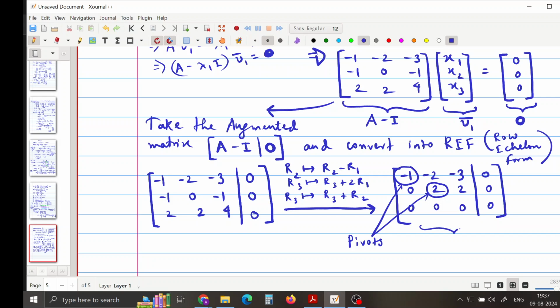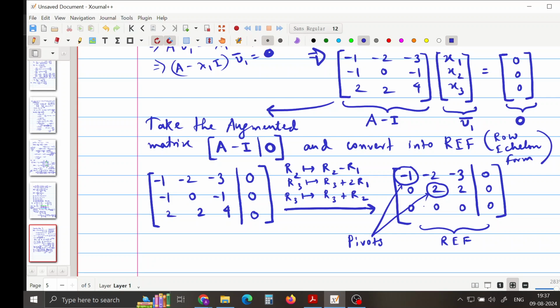So -1 and 2 are the pivots. That is clearly visible, right? -1 is the first non-zero entry of the first row, 2 is the first non-zero entry of the second row, and there are no more pivots, correct?